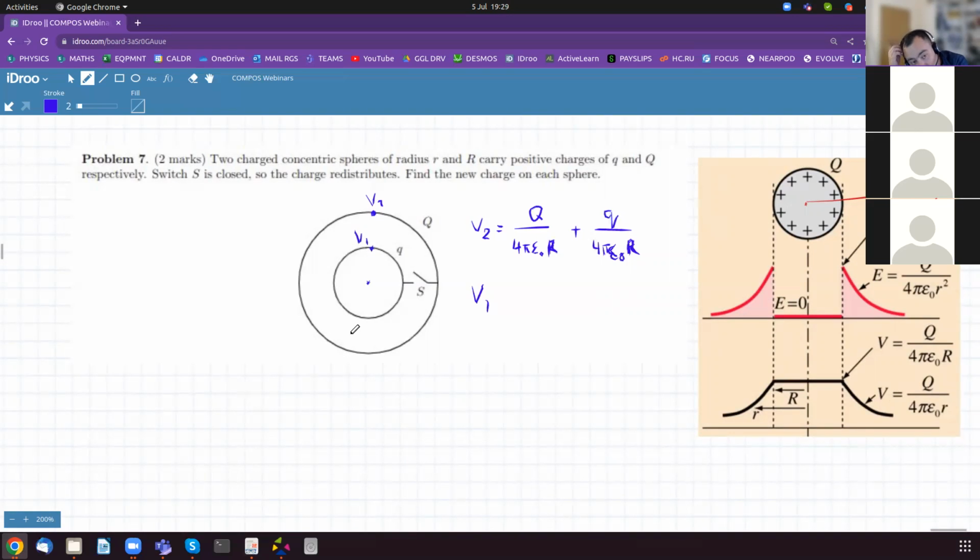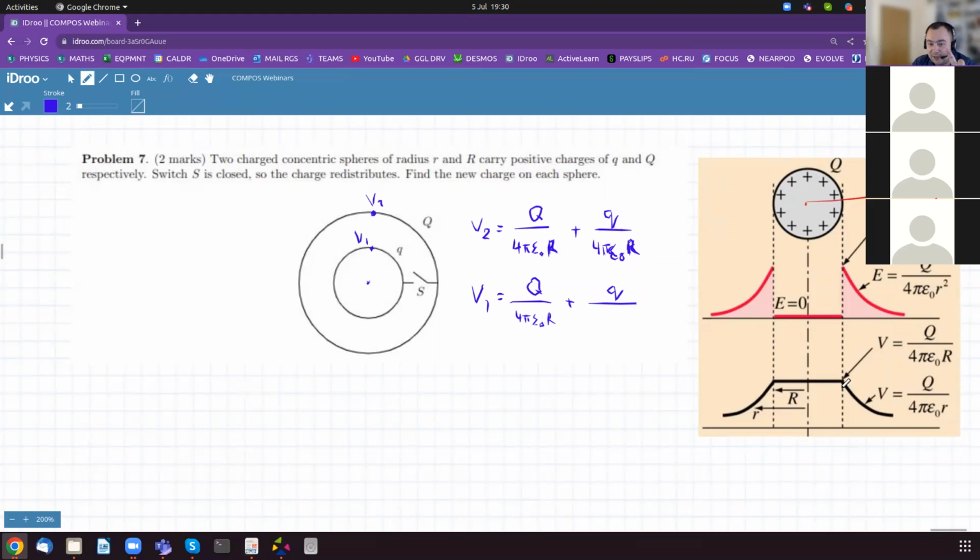Don't worry if you don't understand it fully. It takes a while to process. The potential on the inside sphere is, because the potential of the outside sphere is constant inside the sphere, equal to Q over 4 pi epsilon naught R large plus q small over 4 pi epsilon naught r small.